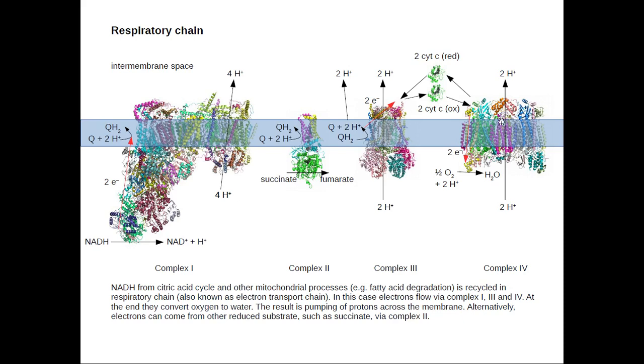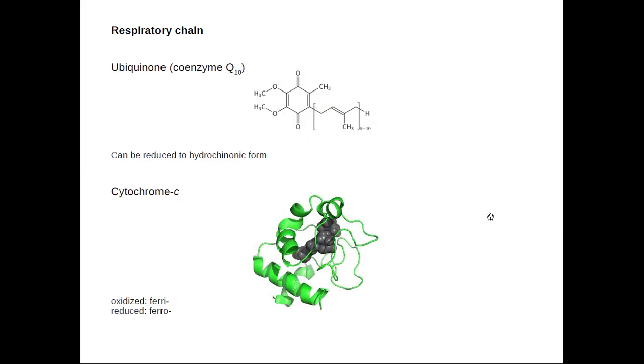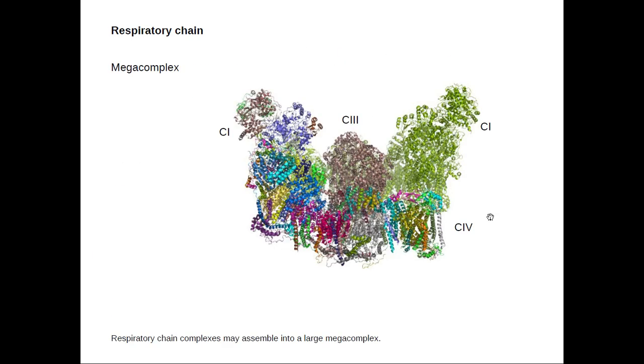This is not very accurate, it's not that they are so separated, but they actively interact with each other, and they form a kind of mega complex. And this mega complex makes life easier for all these cofactors to deliver electrons.